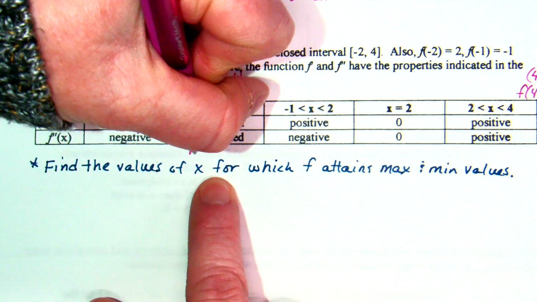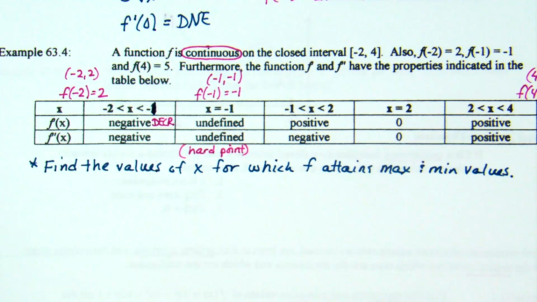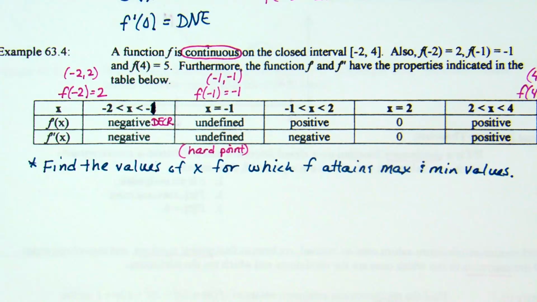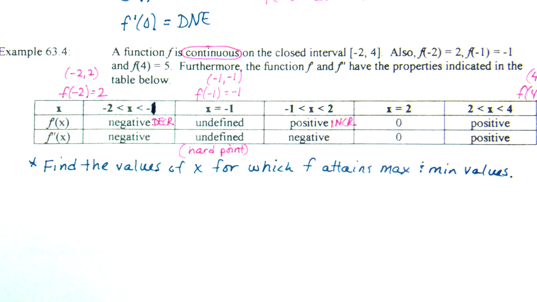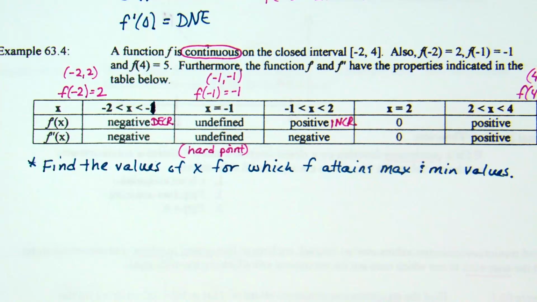In the next interval, we have a positive derivative, and so my graph will be going back up. X equals 2, that means it's going to be some type of critical point. We'll come back and talk about that in a moment. And then from 2 to 4, it's also positive. So that means my graph is increasing.